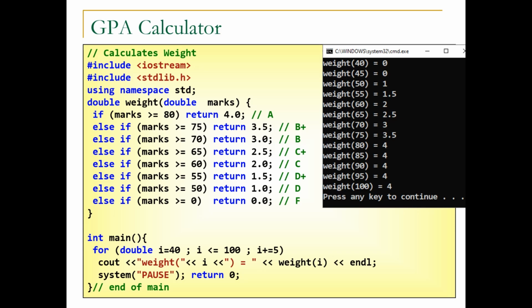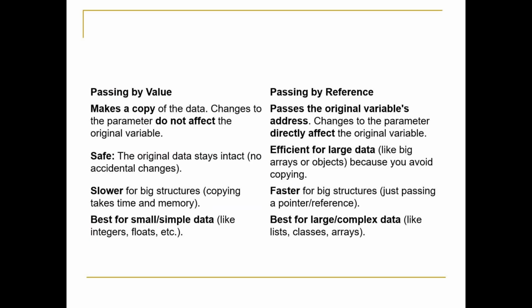Let's now talk about pass by value versus pass by reference. This is like giving someone a copy of your secret recipe versus giving them the actual original. If you pass by value, the original stays safe. If you pass by reference, well, they can change the original.